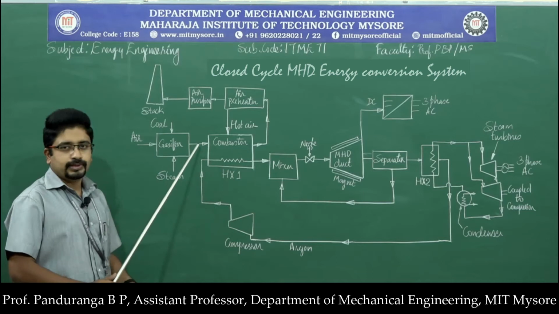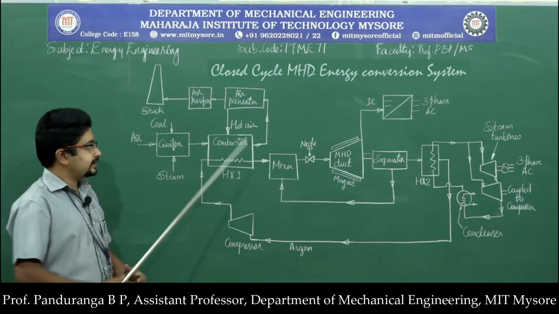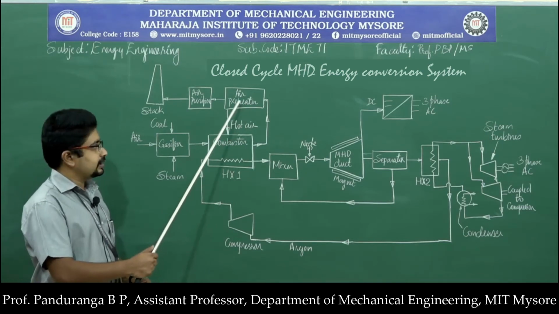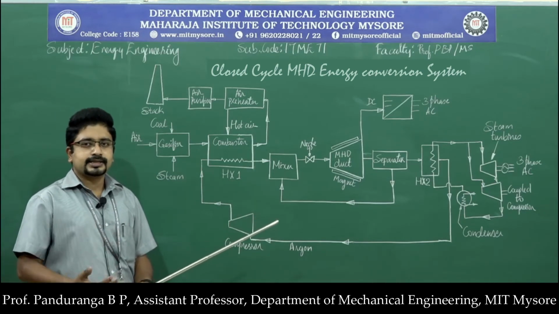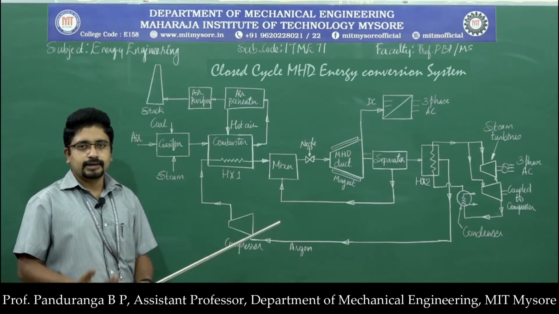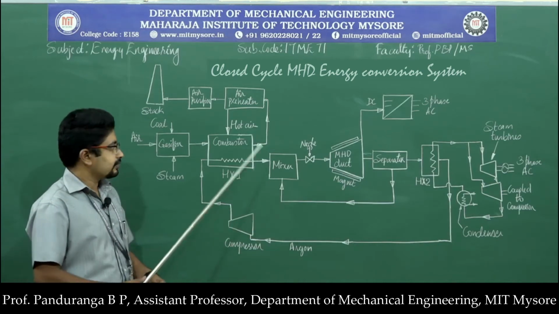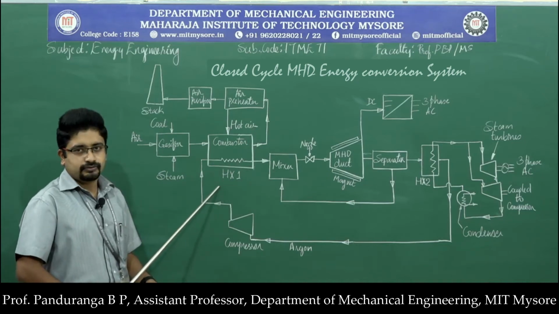here to burn the coal gas we need air or oxygen and that is supplied from the air preheater. The air preheater is a heat exchanger which increases the temperature of the incoming air, and that is done with the help of the combustion gases moving out of heat exchanger 1.